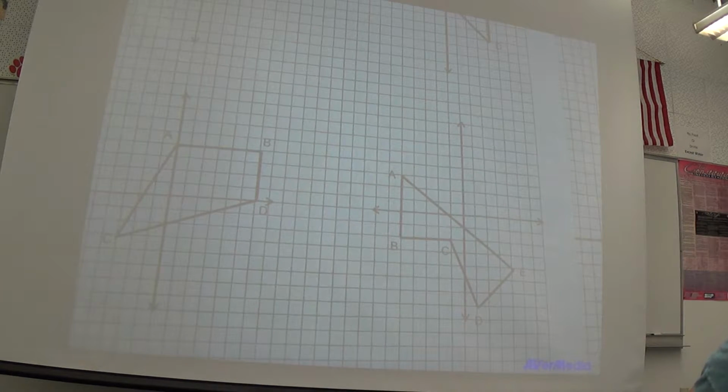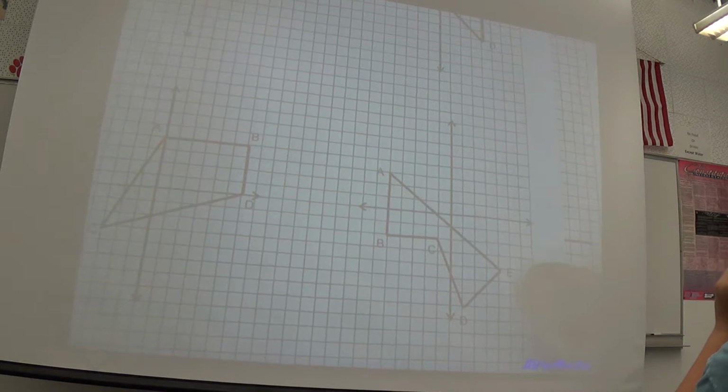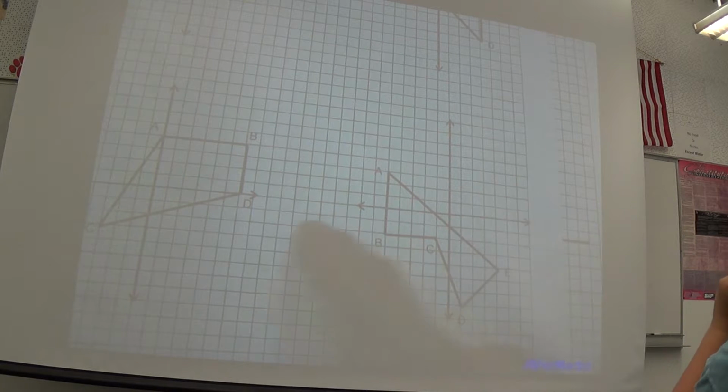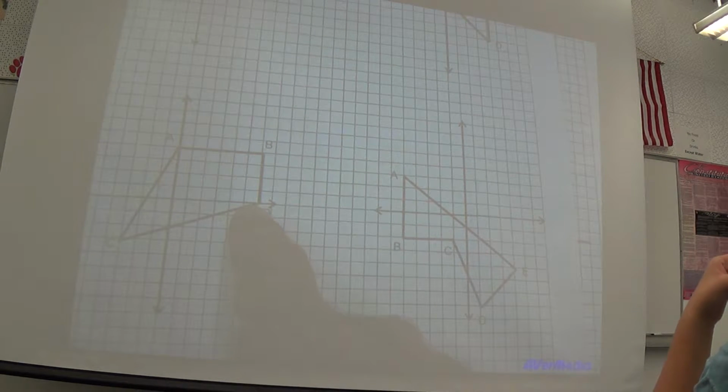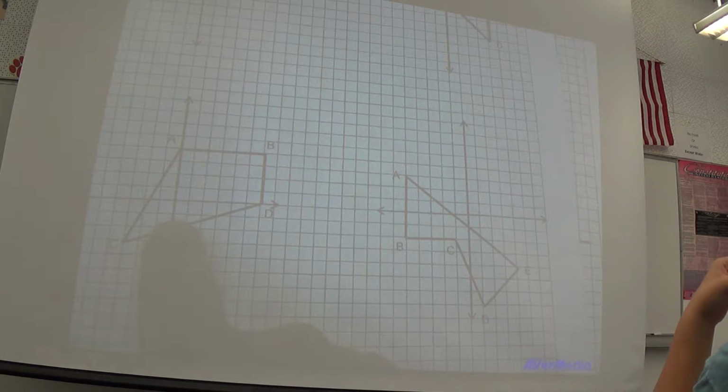Yes, sir? Is it possible just to make 2 triangles? Oh, you mean draw a line this way? Yeah, it's possible. But if you do that, you know you're going to have to use the distance formula all 3 times for this triangle. So you want to make sure and draw it in a way that's going to make it the easiest for you to calculate.